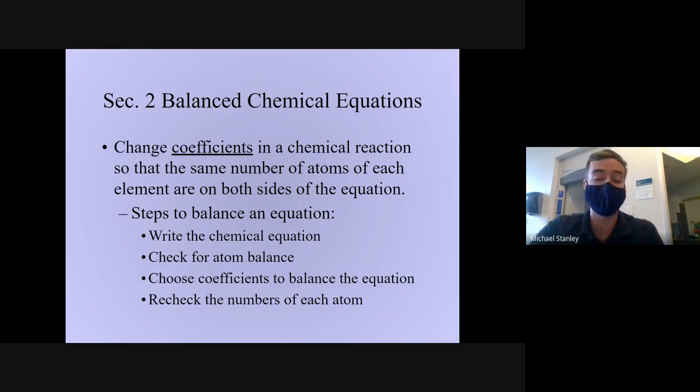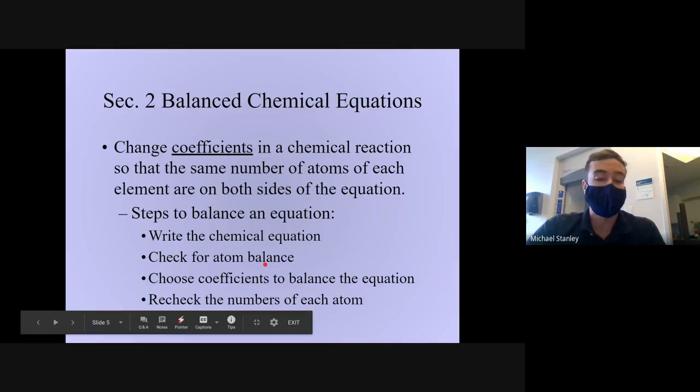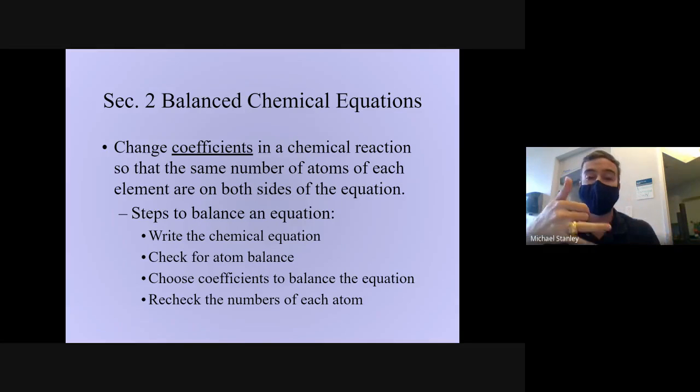So the way that we'll go through the steps is we'll start off with a written out chemical equation. Sometimes you'll have to write them out when you're doing them later on. But in this class, we start off with the chemical equation. The first thing that we're going to do is check for what's called atom balance, meaning that we're going to see how many C's, how many H's, and how many O's are on the left-hand side, the reactant side, and how many C's, H's, and O's are on the product side.